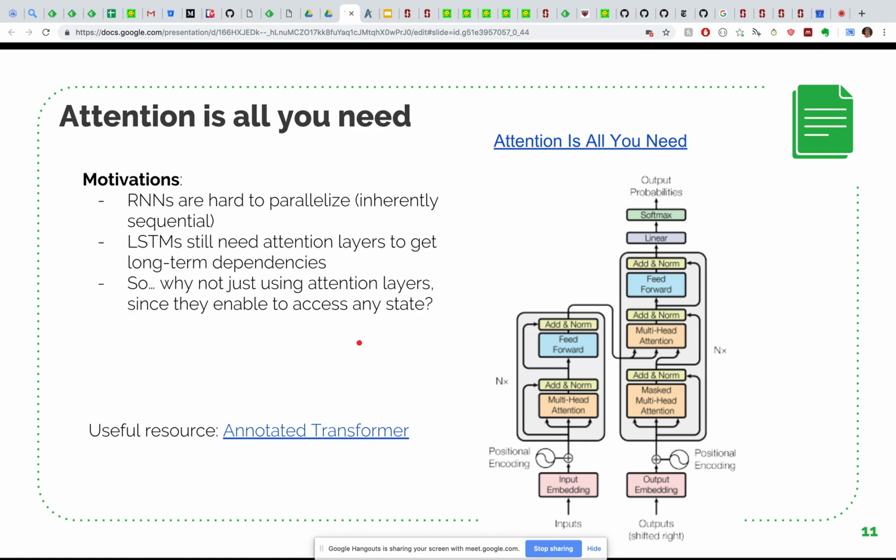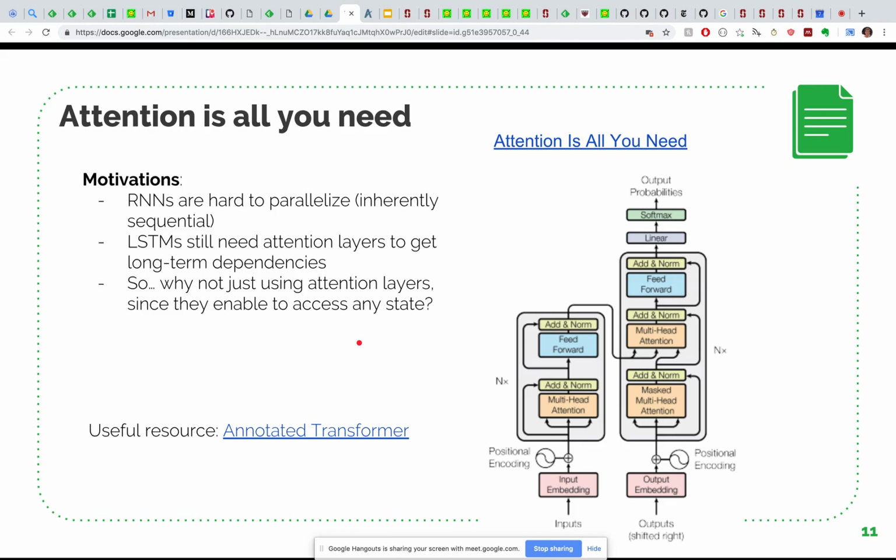So the fundamental motivation is: if we still need attention layers for long-term dependencies, why not just use attention layers? Without any recurrent setup, we can then use GPU optimization to speed up the training.